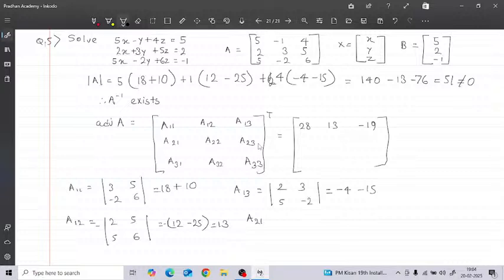A21 is minus of minus 1, 4, minus 2, 6. That is 1 minus 6 plus 8. That is minus 2.